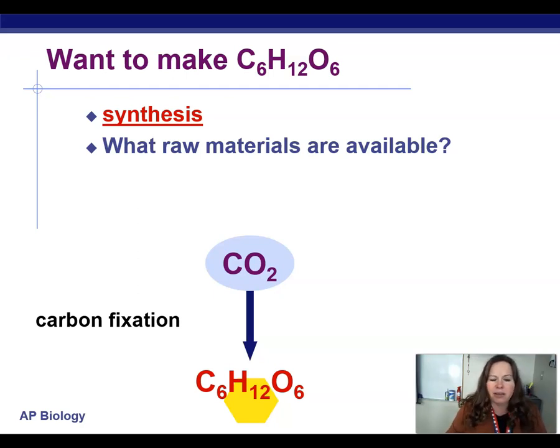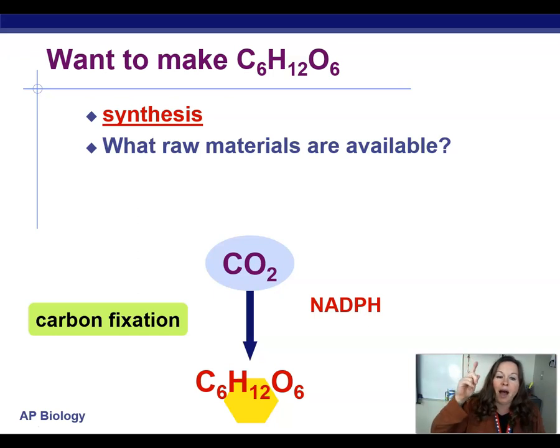So what we're going to need to do is add H's because we want to make CO2 into C6H12O6. That's called carbon fixation. When you take carbon out of the air, out of the atmosphere, and you join it to an organic molecule like sugar, that's called fixation. You're fixing carbon.